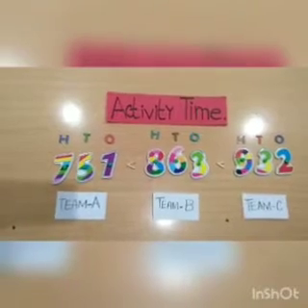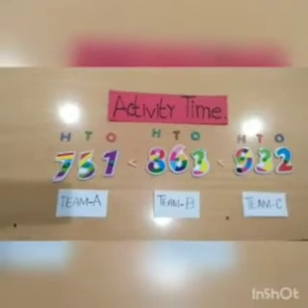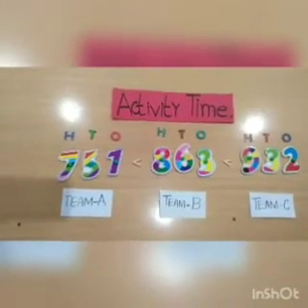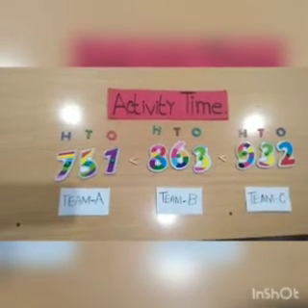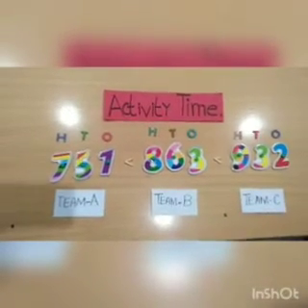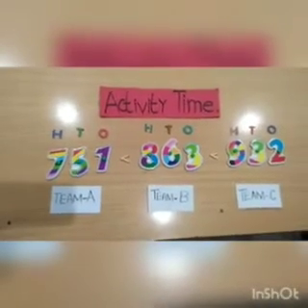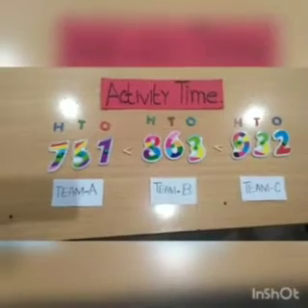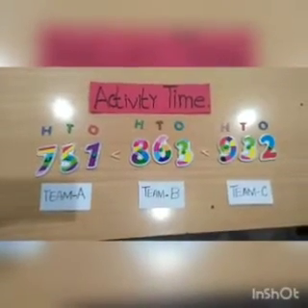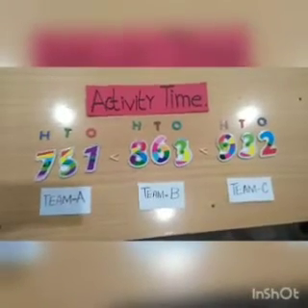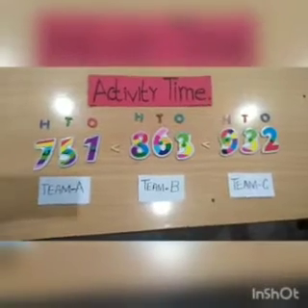751 is the smallest. Team A has the smallest number, and team B has a smaller number than team C. Team A has a smaller number than team B and team C, and team B has a smaller number than team C. Which team has the greatest number?